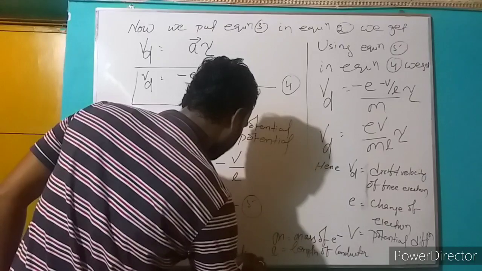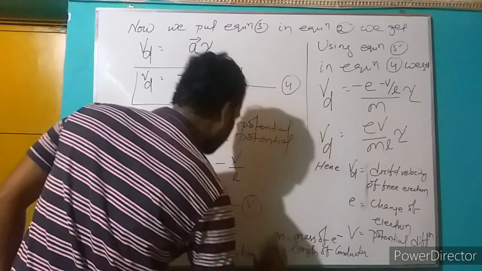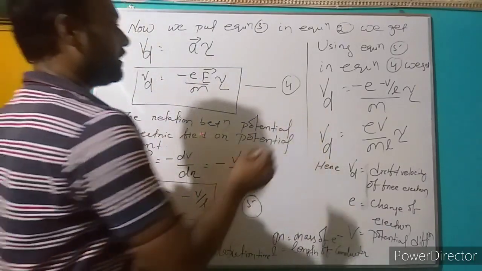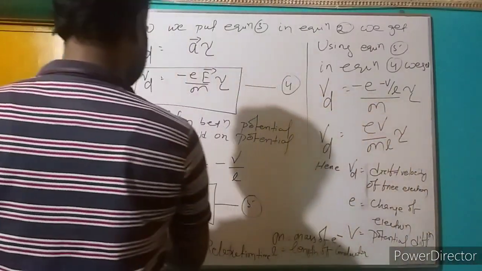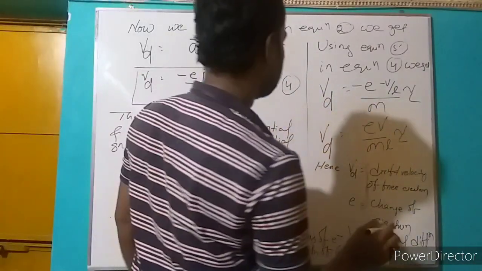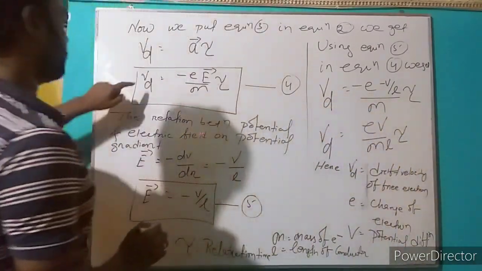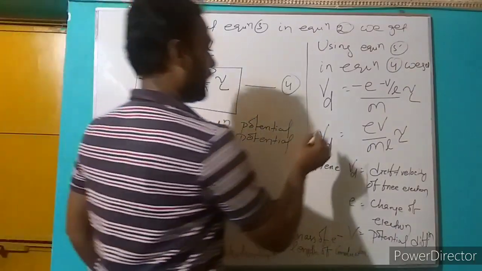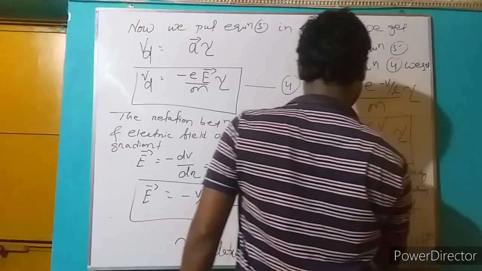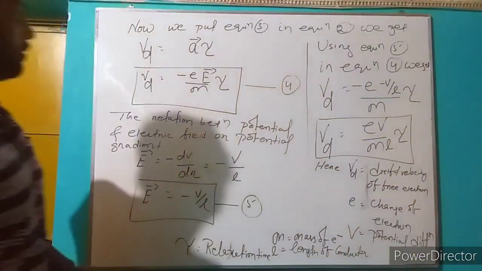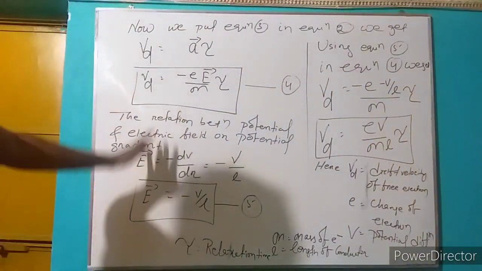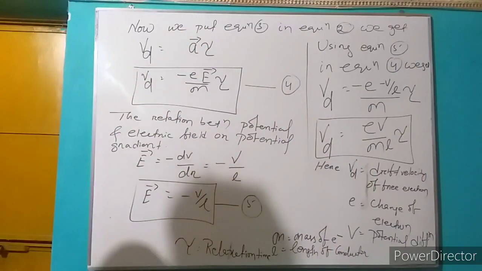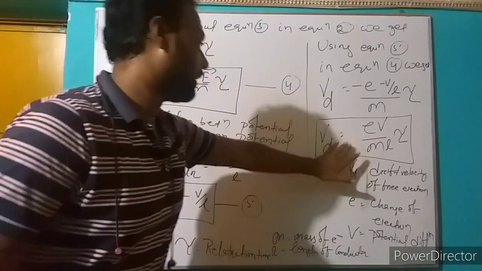So these are the two formulas: Vd equal to minus E by m into tau, and another formula EV by ml into tau. Please note these down and learn these two formulas by heart.